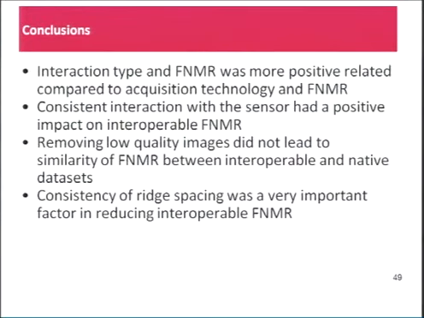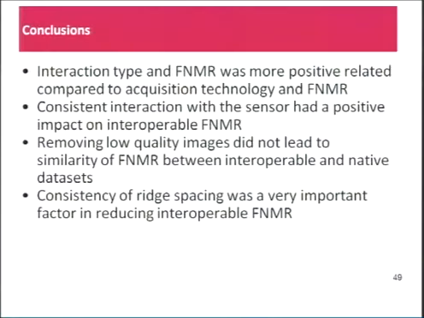We also noticed that the interaction type and the false non-match rate were more positively related compared to the acquisition technology. This was when the datasets were regrouped just by the acquisition and the technology type. And consistent interaction had a positive impact on reducing the false non-match rate, and that impact was also seen on interoperable datasets.